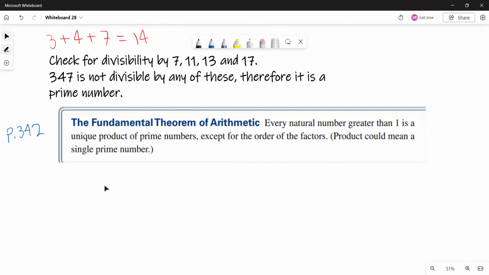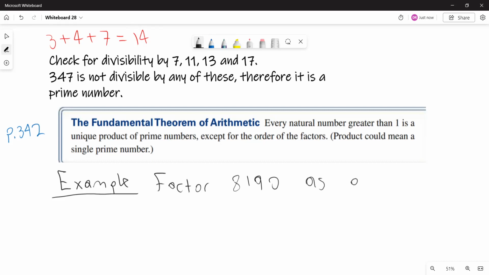Okay, so we are going to factor 8,190 as a product of primes. And we can use a factoring tree.